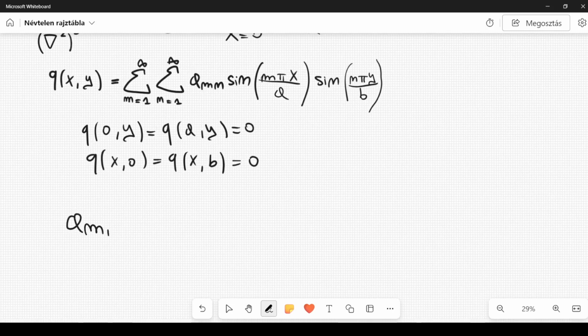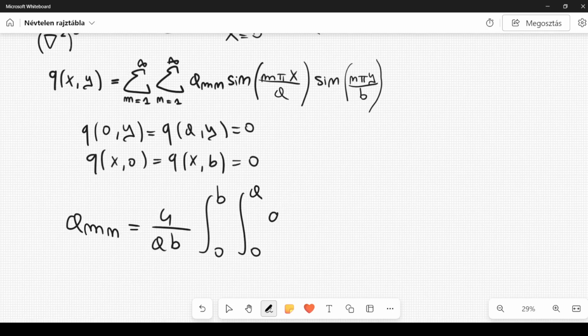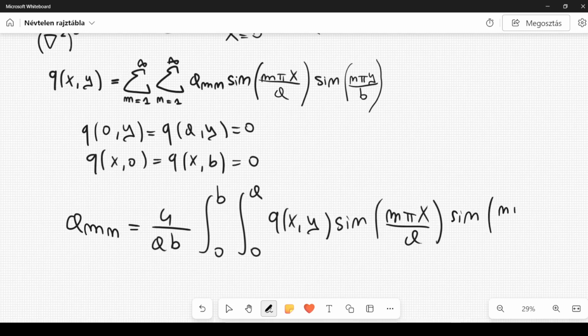And the formula for amn is the following: 4 divided by ab, integral from 0 to b, integral from 0 to a, then we have q of x,y, sine of m pi x over a, sine of n pi y over b, dx dy.